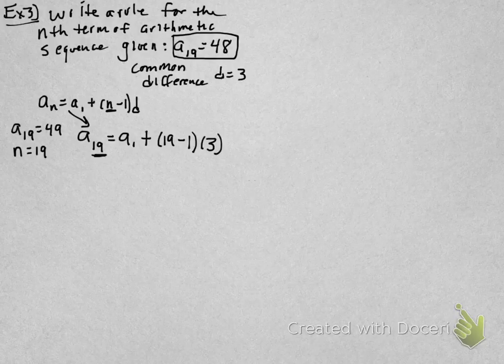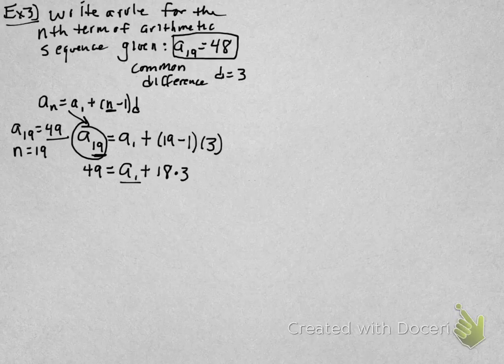So I really have a sub 19. I know what this number is. It's 48. So I can change this into 48 equals a sub 1 plus 19 take away 1 is 18 times 3.